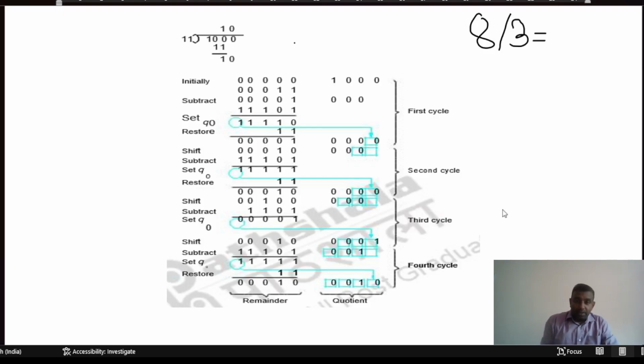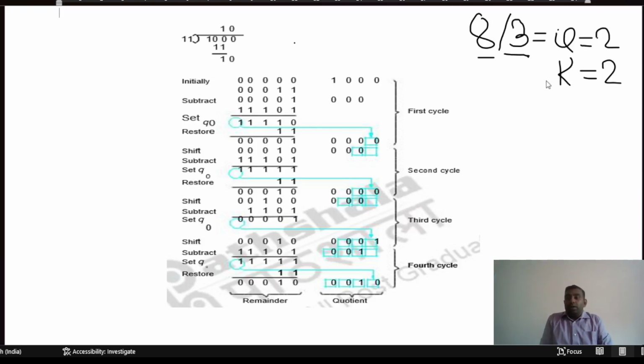So this is the actual division of 8 divided by 3. What is the dividend here? Dividend is 8 and divisor is 3. So what is the result? The quotient is 2 and the remainder is 2.